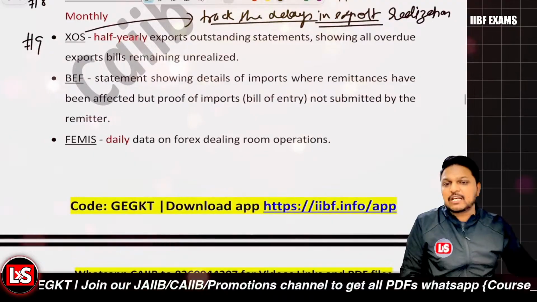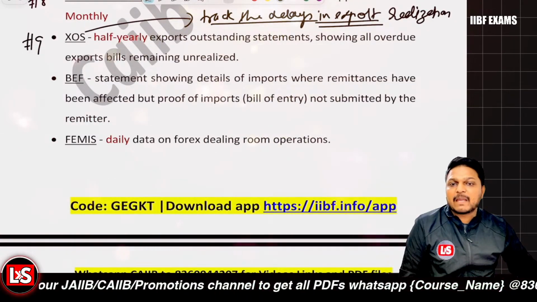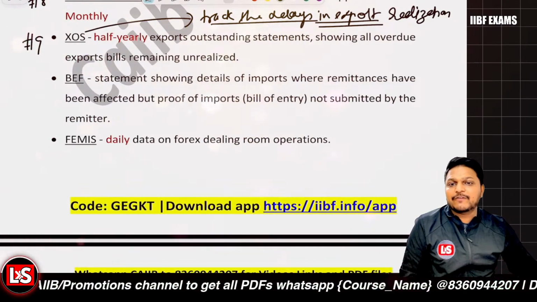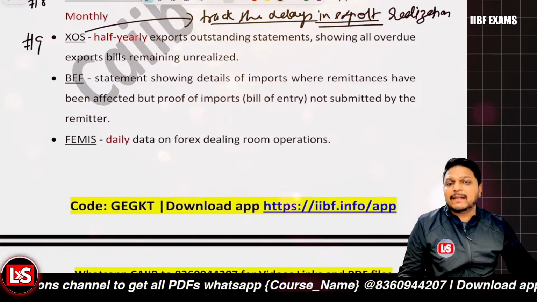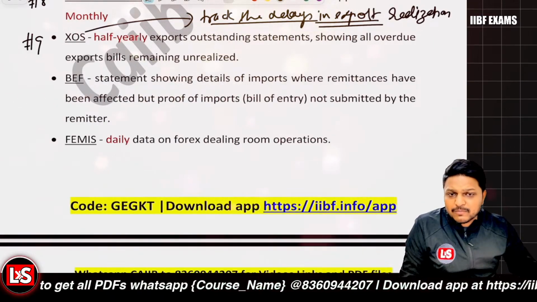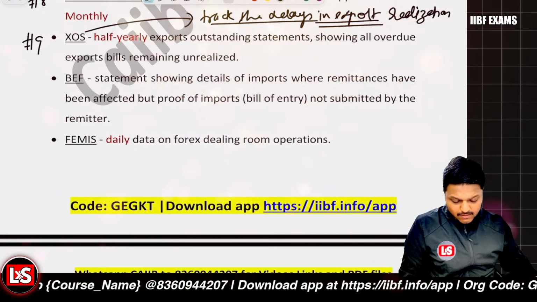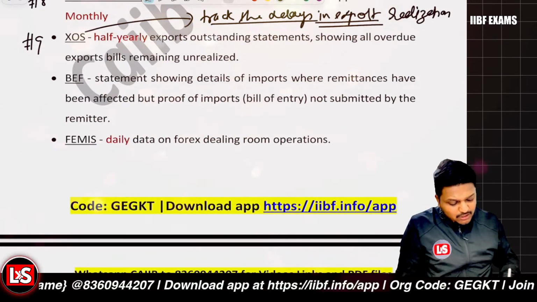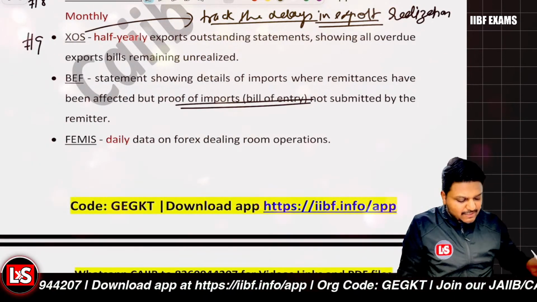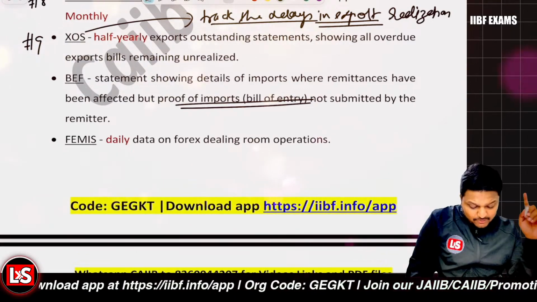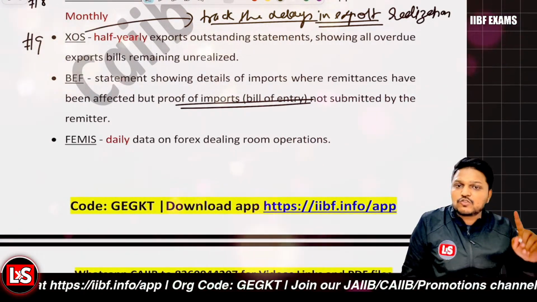For the BEF statement, that is bill of entry: it is going to help the Reserve Bank of India ensure that the foreign exchange used for import purposes corresponds to an actual import. For that scenario, the bill of entry is to be submitted.